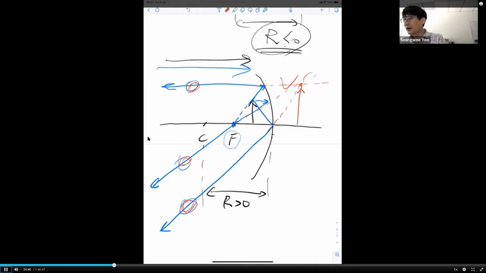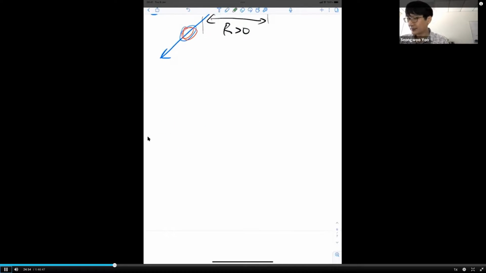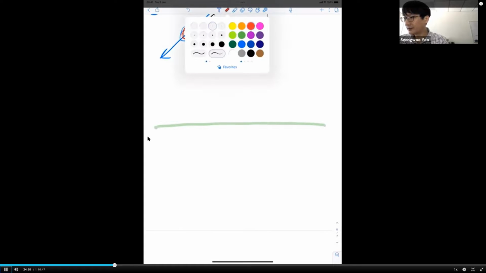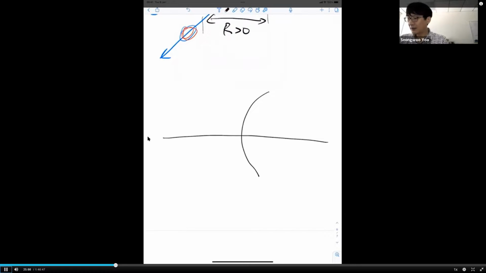All right. Now I will draw another ray diagram for the convex mirror. Let me start with the principal axis, and then I will draw the convex mirror. My object is standing here, and the center of curvature is placed behind the mirror.